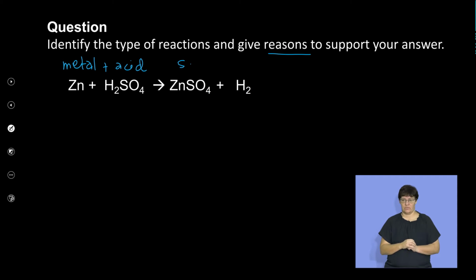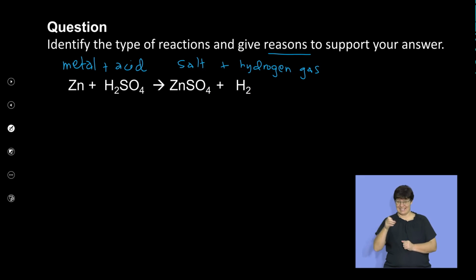We are getting a salt plus hydrogen gas. But what is important here is that we also need to keep track of the changes in the oxidation numbers of these substances, right?